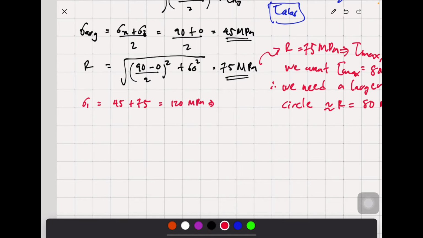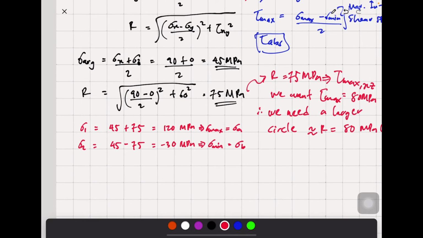If we say that sigma max equals sigma A, I'm going to do this assumption. We set that sigma A, and sigma 2 will be 45 minus 75 equals negative 30 megapascal, and in this case sigma min we set as sigma B, right?